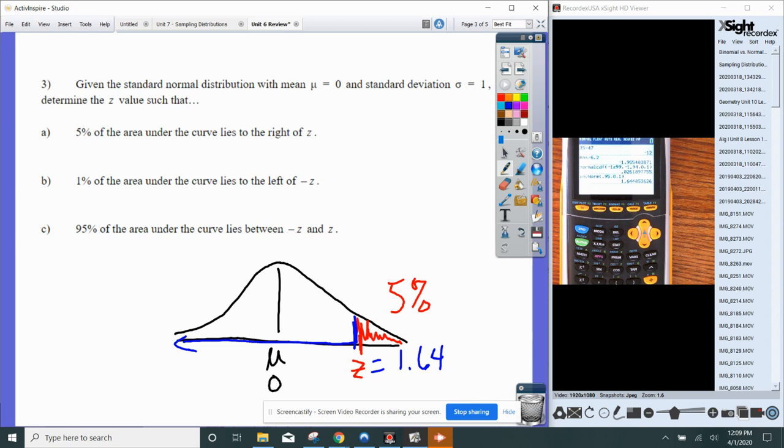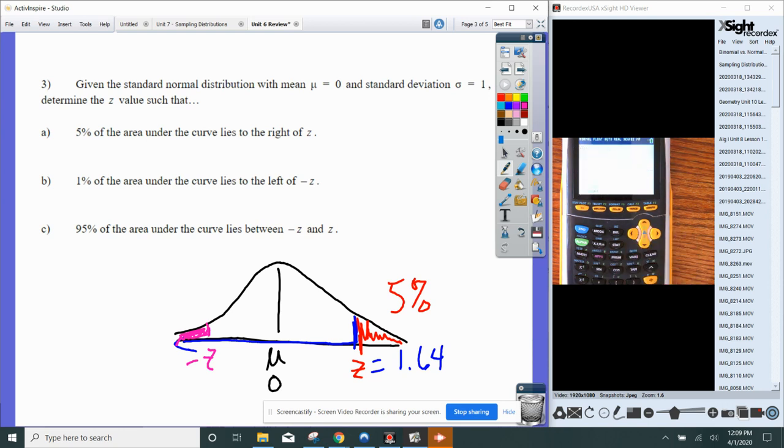Okay, for letter B, let me change to maybe pink. What we're finding is 1% to the left. Now, since it's to the left, it's going to be a negative z. And we can actually use the 1% in our calculation.